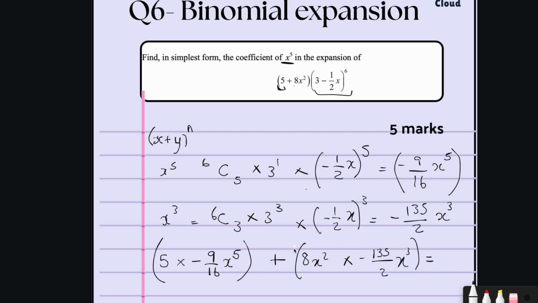In total, that will be minus 45 over 16 x to the power of 5, and minus 540 x to the power of 5, and so the total answer will be minus 8,685 over 16. So that is going to be your answer for this question.